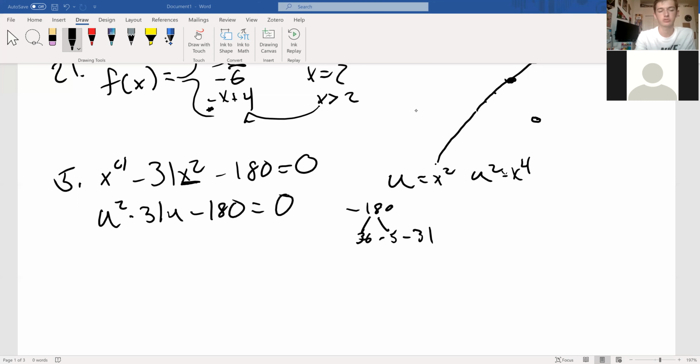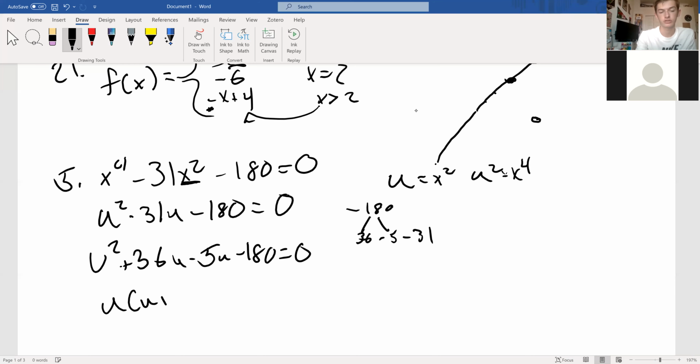So then I'm just going to use it to split it. So u squared plus 36u minus 5u minus 180 equals 0. So I get u times (u plus 36), and negative 5 times (u plus 36).